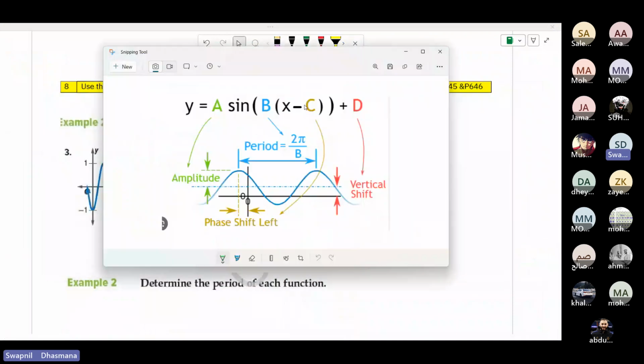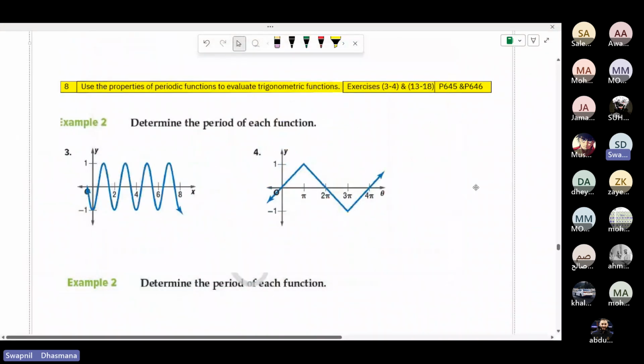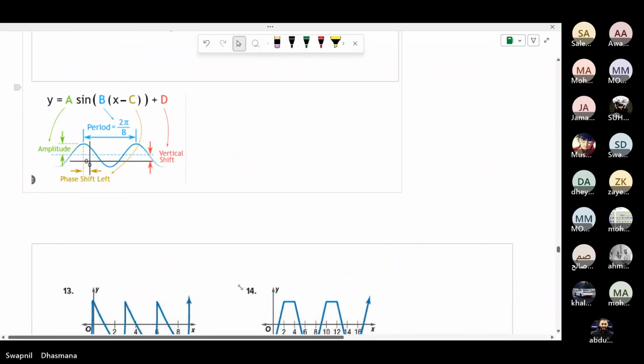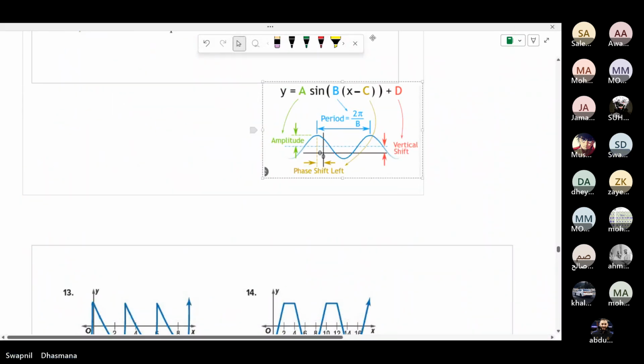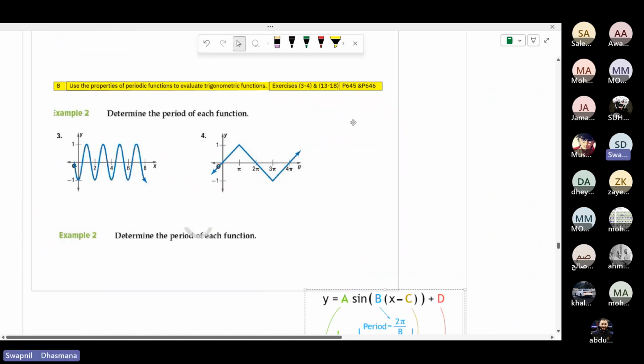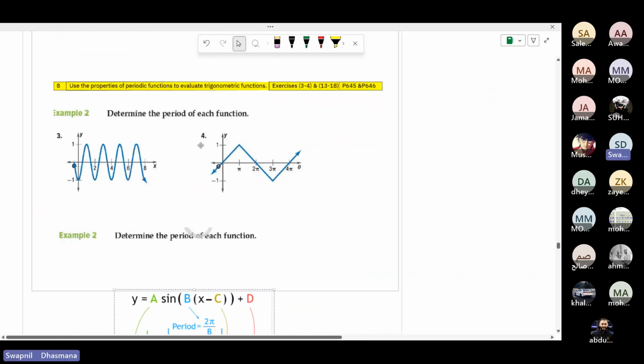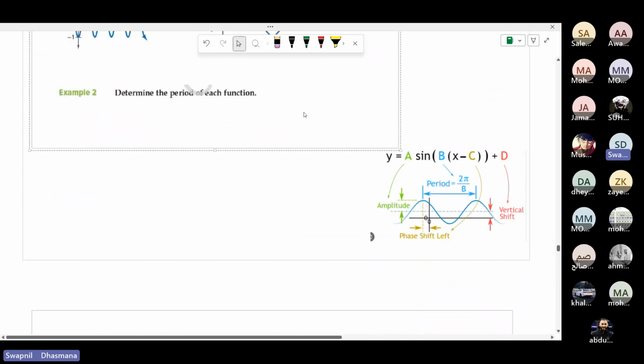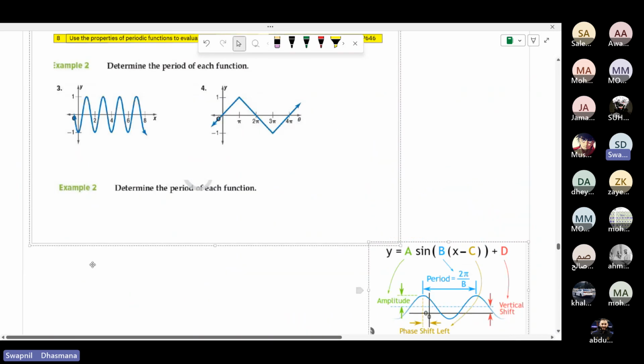This is very extremely important, and very easy also. Come on, what's wrong with this? Well, it is there.